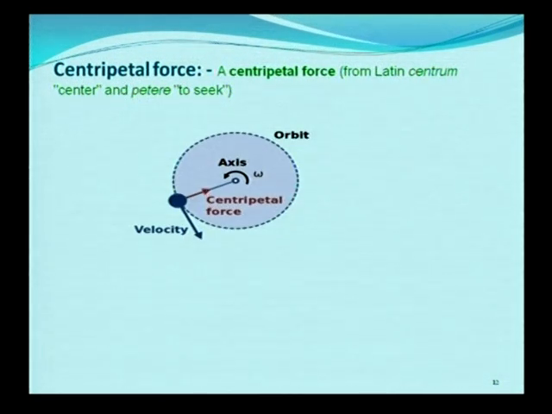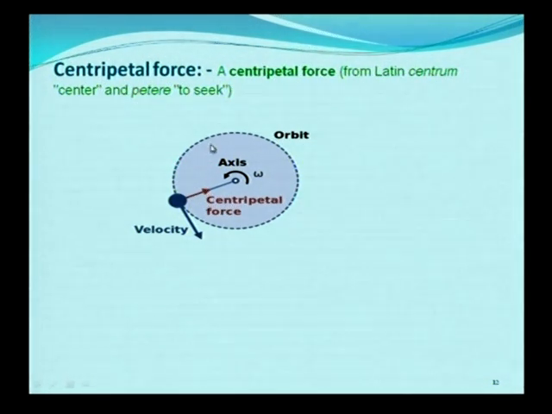So, the centripetal force. Here we can see that this is the center of the circle. One object started moving from here. When the object is moving along the circumference of the circle, then what happens? The velocity changes. It means it always tends to move in a straight line, but the force acting inside of the circle pulls the object to move in a circumference of the circle.